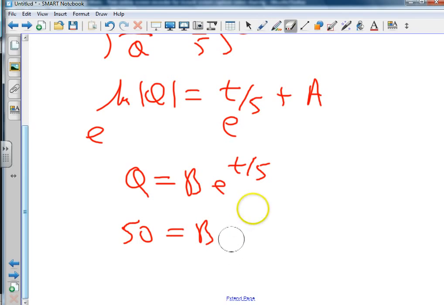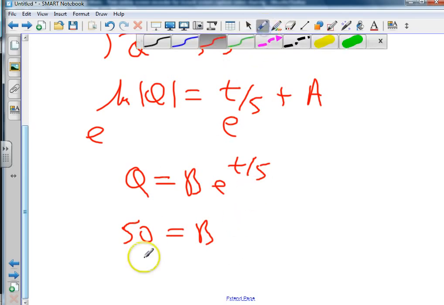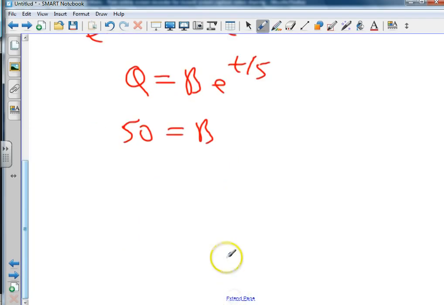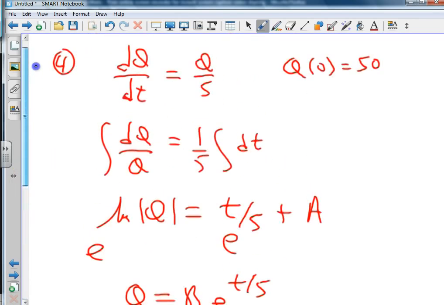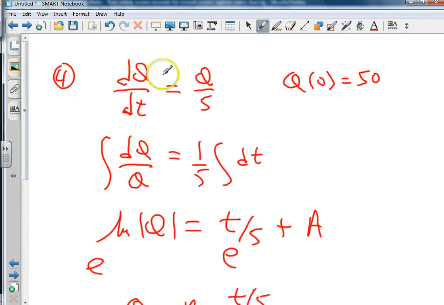So guess what B is? So again, exponential growth and decay curves, this is usually what happens. This is the initial amount. When you start off in the differential equation where the rate of growth of the quantity is proportional, 1/5 of the total quantity, you're going to have exponential growth because the 1/5 is positive.